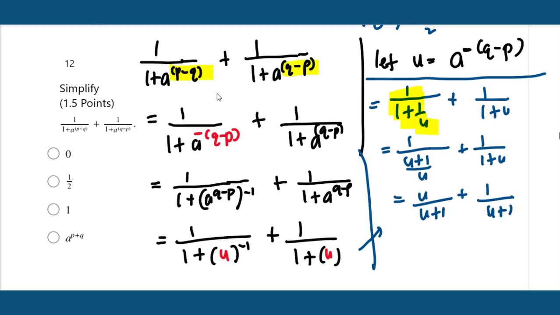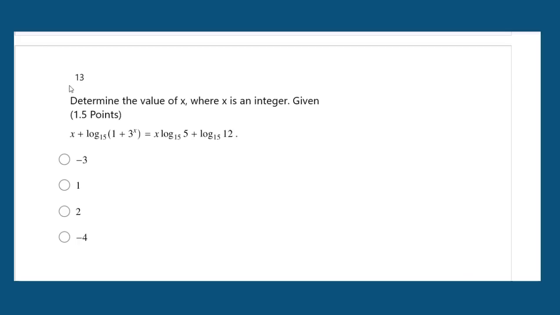Check, this is the same denominator, that's right. So u plus 1 over u plus 1 is equal to 1. So the answer is 1.